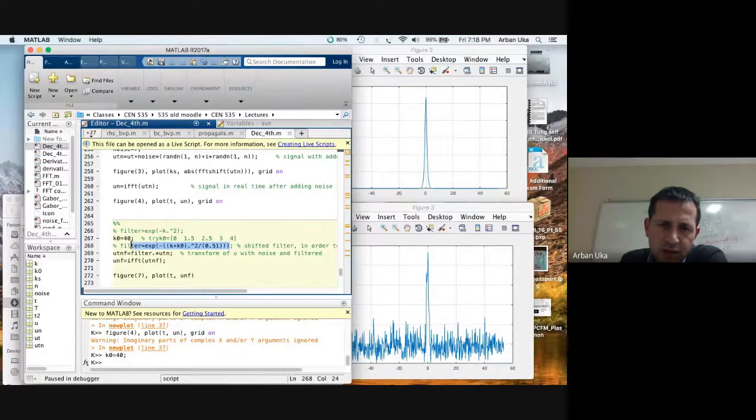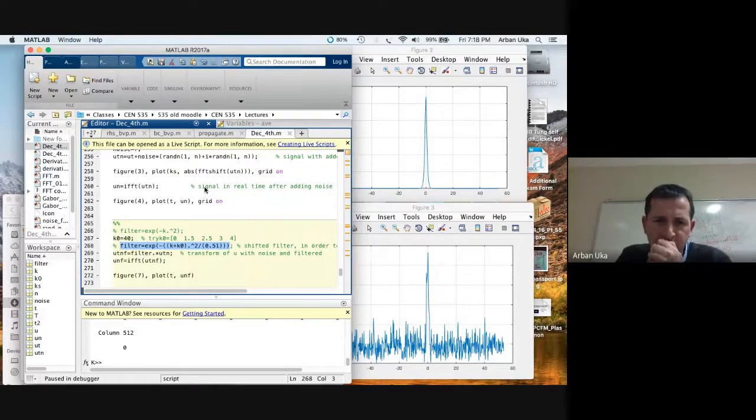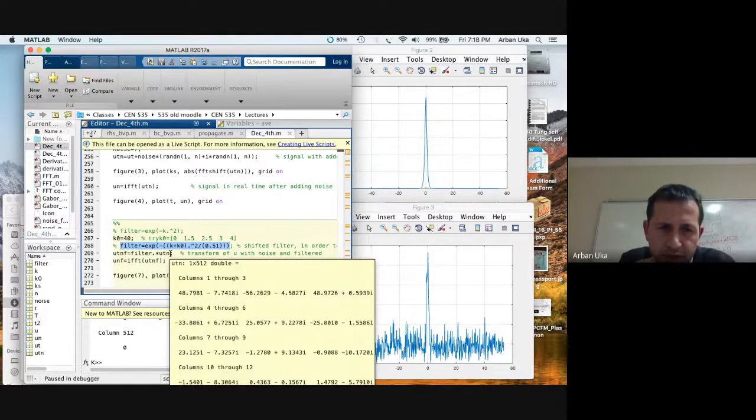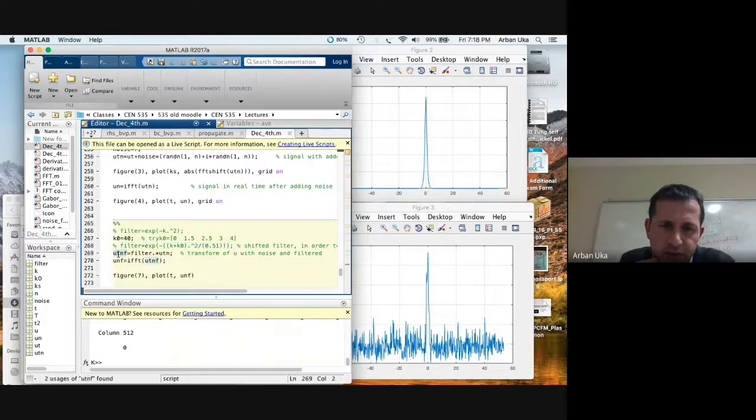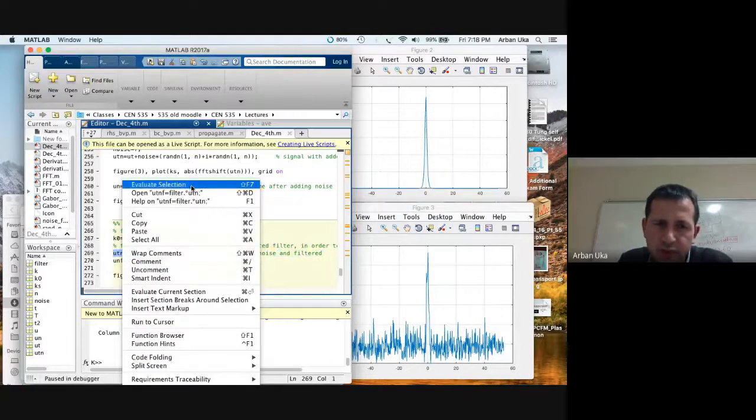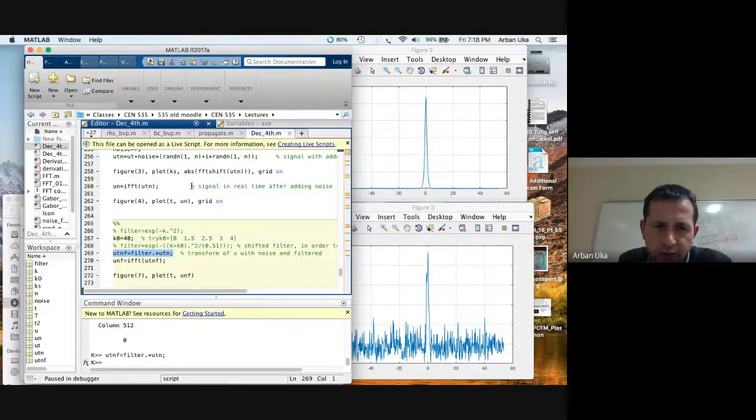Let's generate this filter and evaluate the selection. Then here we say u, the Fourier transform with noise filtered, is equal to this expression, and we evaluate the selection. We have this, u t and f.